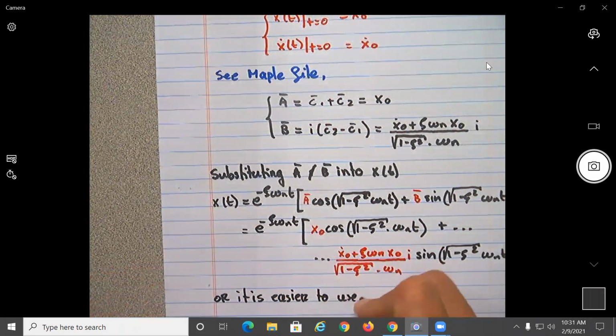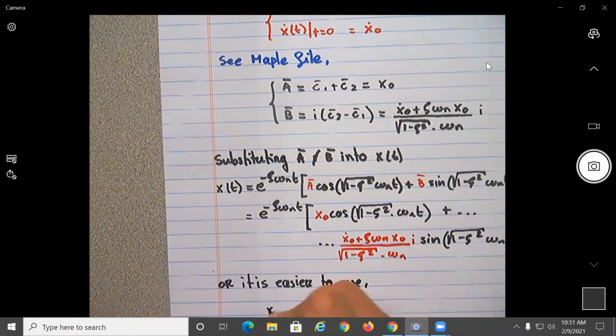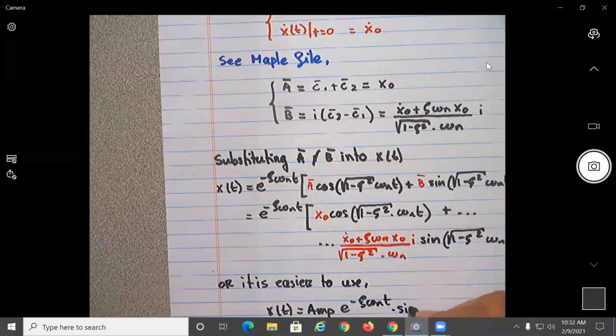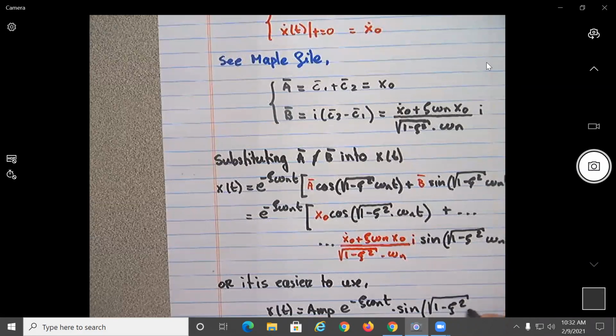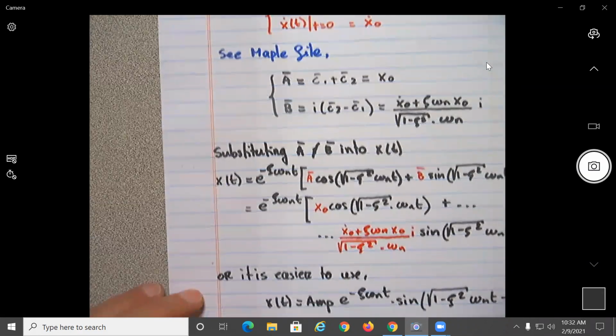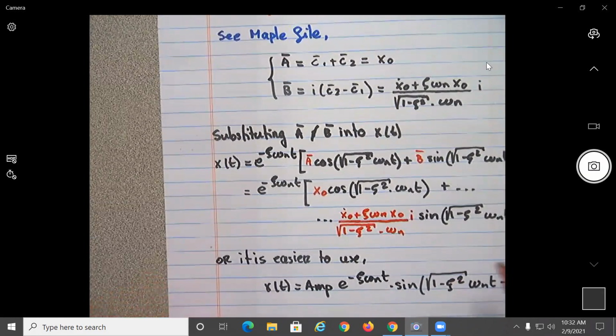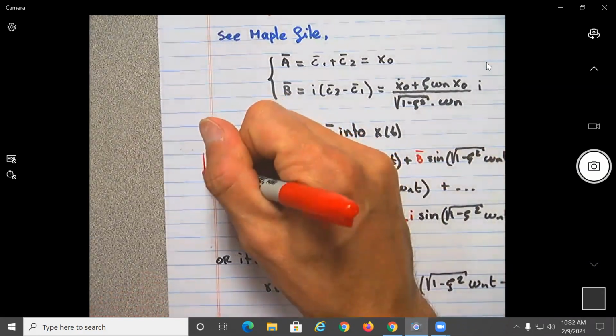to use x of t equal to the amplitude of exponential of minus omega n t times sine of square root of 1 minus C squared omega n t minus phi. All right, so let me just square all this stuff here.